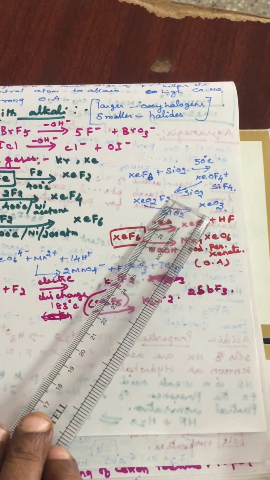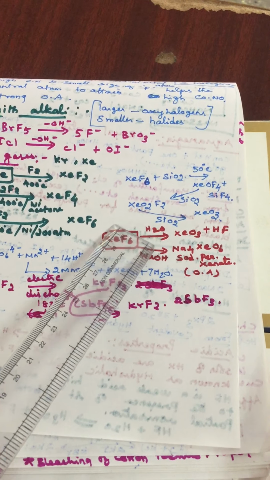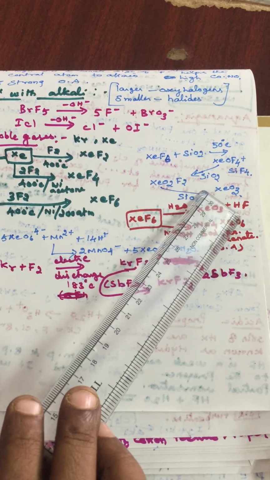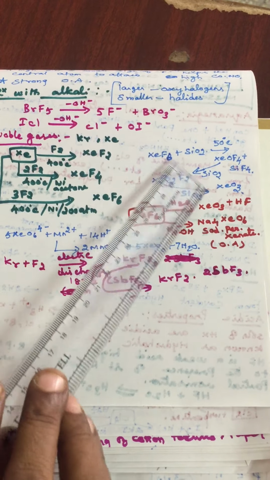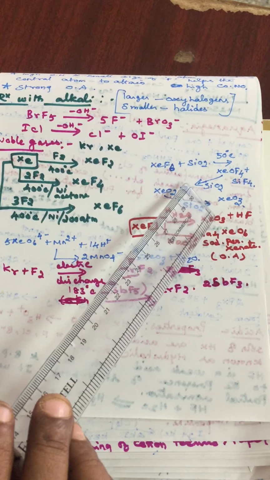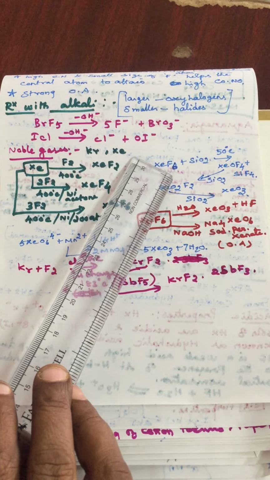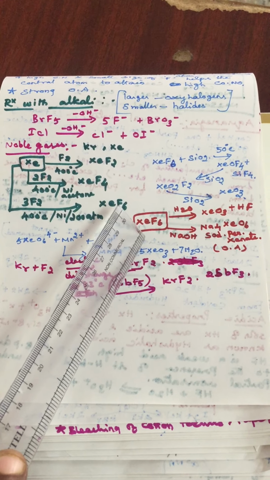On further treatment with SiO2, it gives XeO2F2. And then again on further reaction with SiO2, it gives xenon trioxide. So here, for xenon trioxide, 2 methods are given. How do you prepare xenon trioxide from xenon hexafluoride? This is the long process method, and this is the short method. Okay, so that's all.